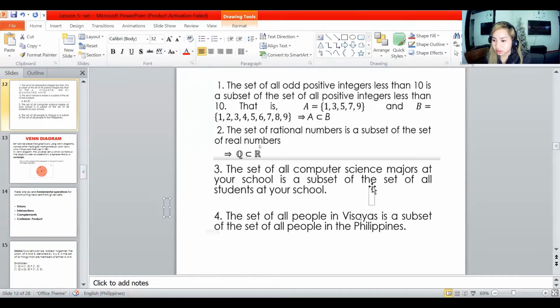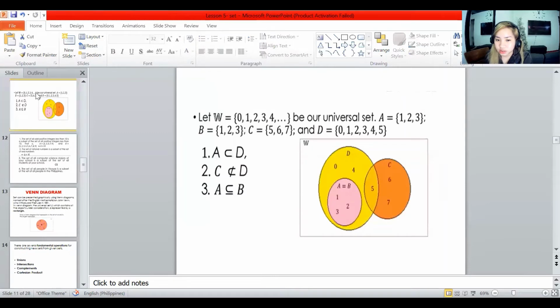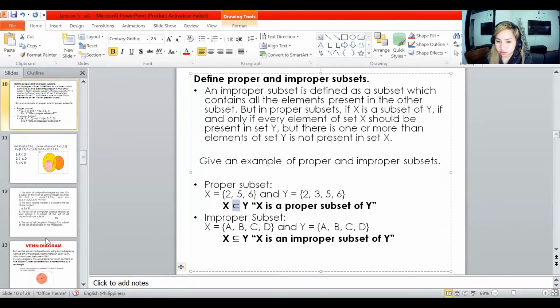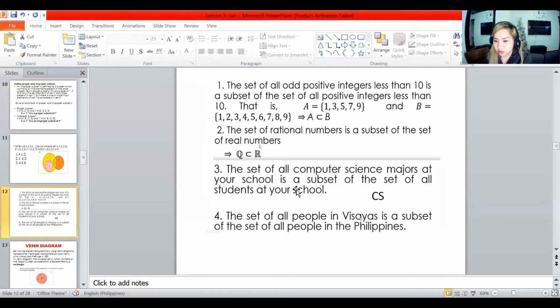So, let CS yung computer science natin. Kunin natin yung symbol ni proper subset. And again, the set of all computer science majors, si CS po, yung computer science natin. Tapos lagay natin yung symbol ng proper subset.